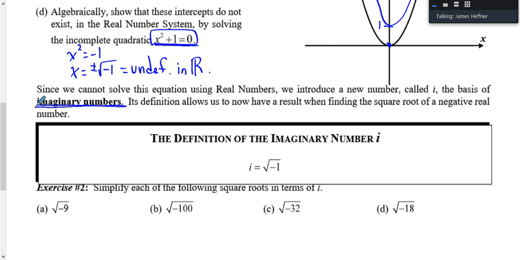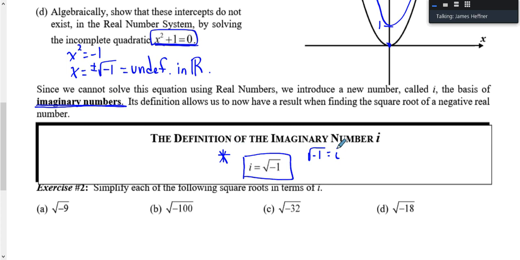If you look down here, it says i equals the square root of negative 1. This is important here. This is the whole crux of the lesson. Whenever you have the square root of negative 1, it can come out as an i. So if I have the square root of negative 1, that equals i. I just wrote it the other way.